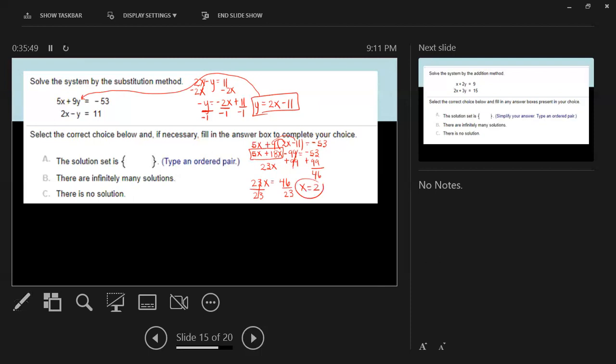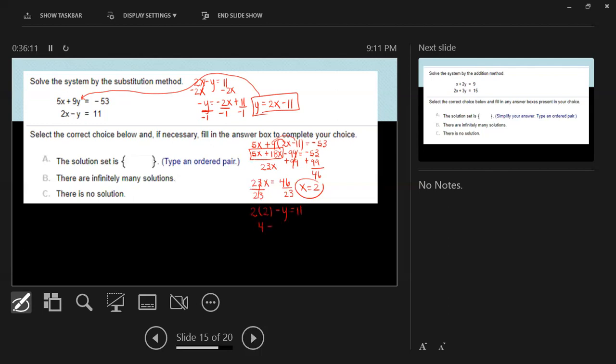So now that I have x is equal to +2, I just simply need to plug it into one of the equations, the original equations, to solve for y. I'm going to plug it into the second equation. So that would be 2 times 2 subtract y is equal to 11. Now 2 times 2 is 4.